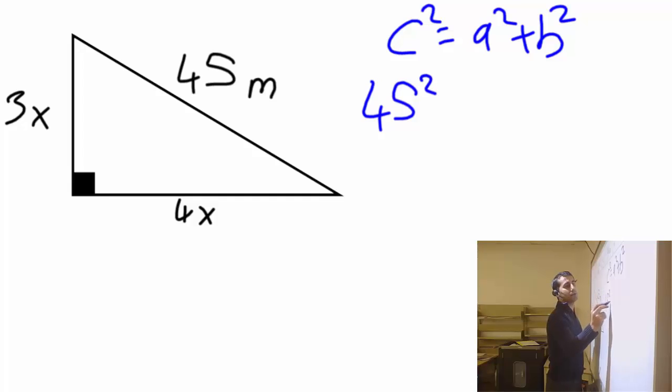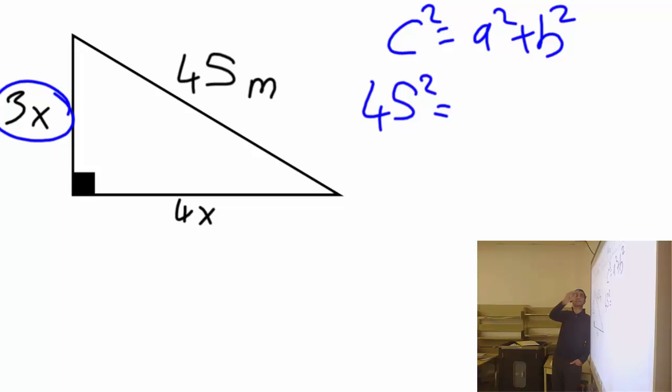45 square equals, now AB never matters here, right? So let's pick up this as A, but please remember I did not circle the X. I circled the 3X.